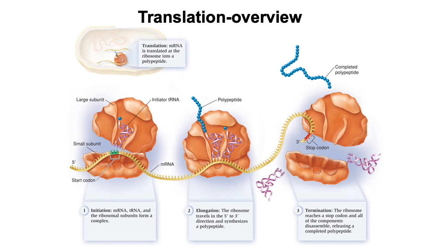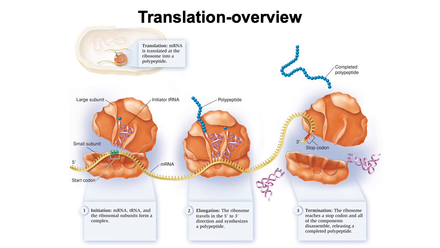And the start codon is placed in that P site at the beginning. And then through elongation, the messenger RNA gets slid through the ribosome, and new tRNAs are brought into each of the sites, and new amino acids are added and joined together to form a protein.